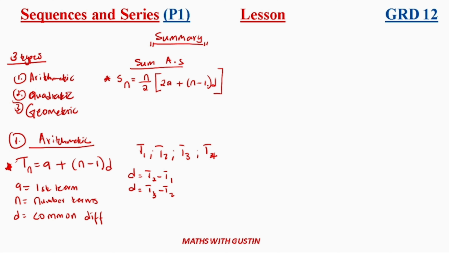Here too, a stands for the first term and n stands for the number of terms, but this formula helps you to find the sum.